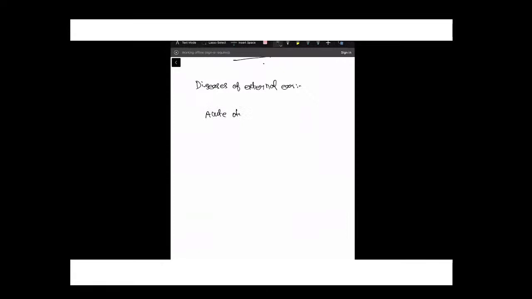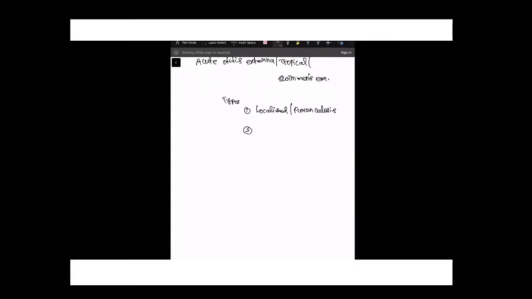Acute otitis externa, tropical ear, or swimmer's ear. We have two types: localized, also called furunculosis, and diffuse.